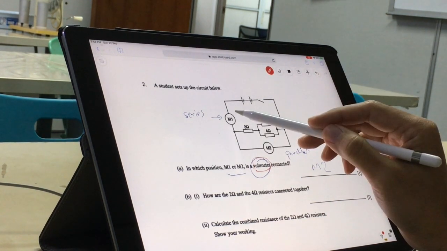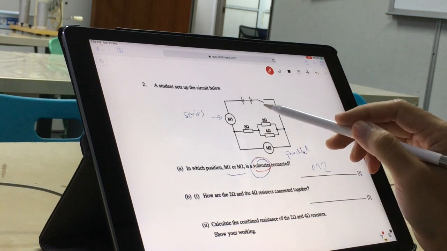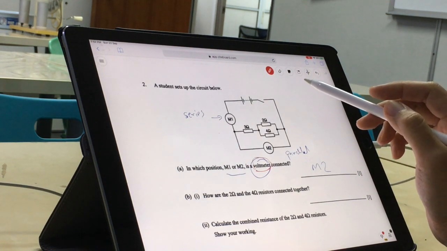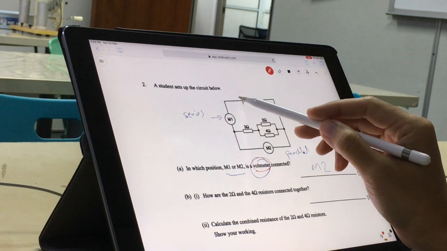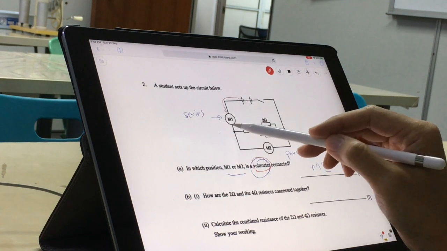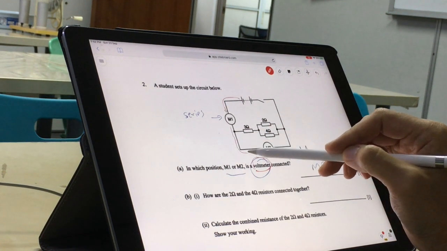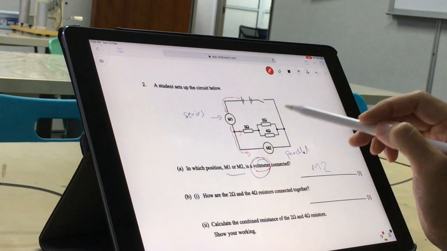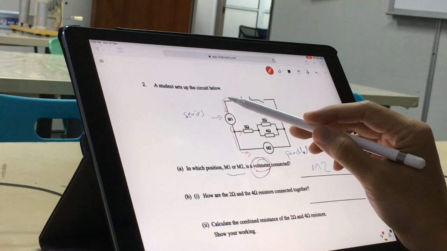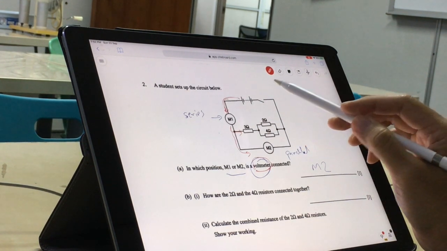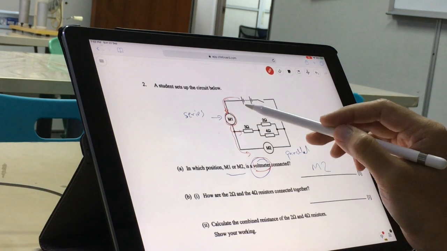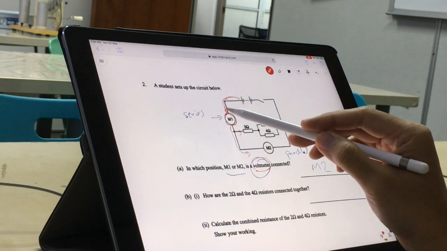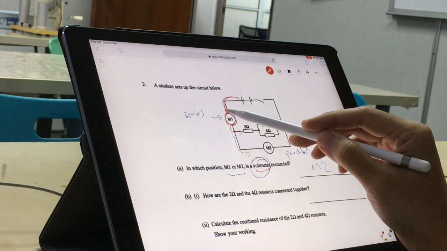Can it be parallel? It cannot be parallel, because the current flows this way. Some of the current flows here as well. So this is directly inside the flow, so it can catch the current.